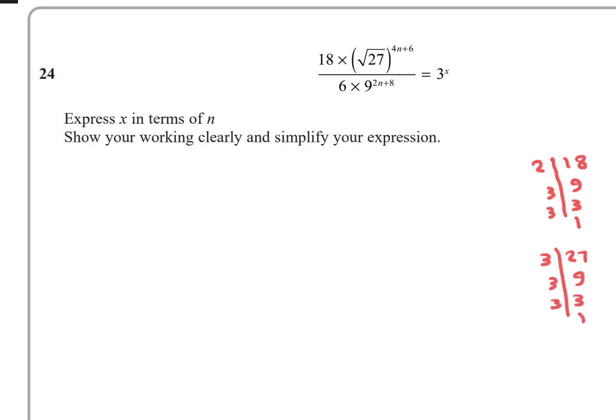And for 9, divide by 3 equals 3, divide by 3 equals 1. And for 6, divide by 3 equals 2, divide by 2 equals 1.